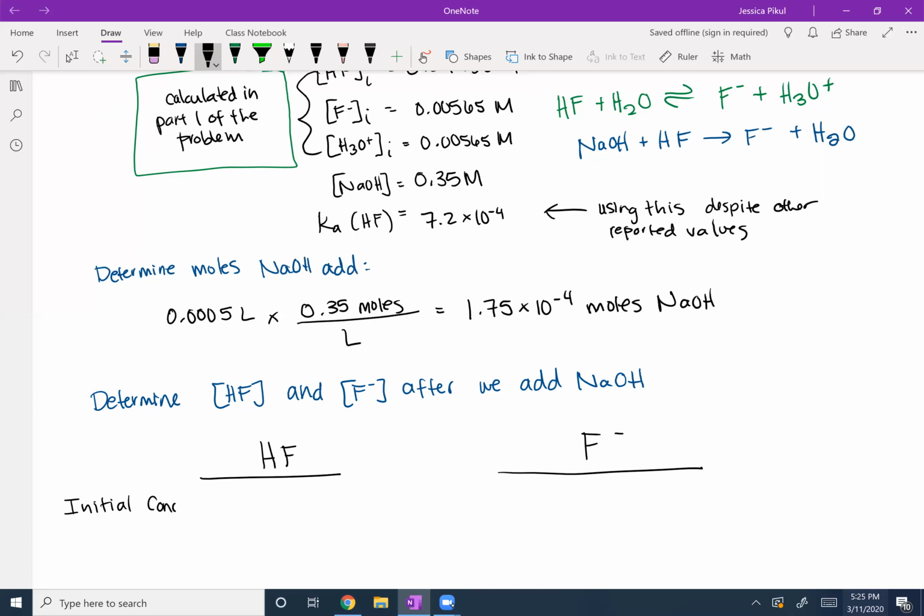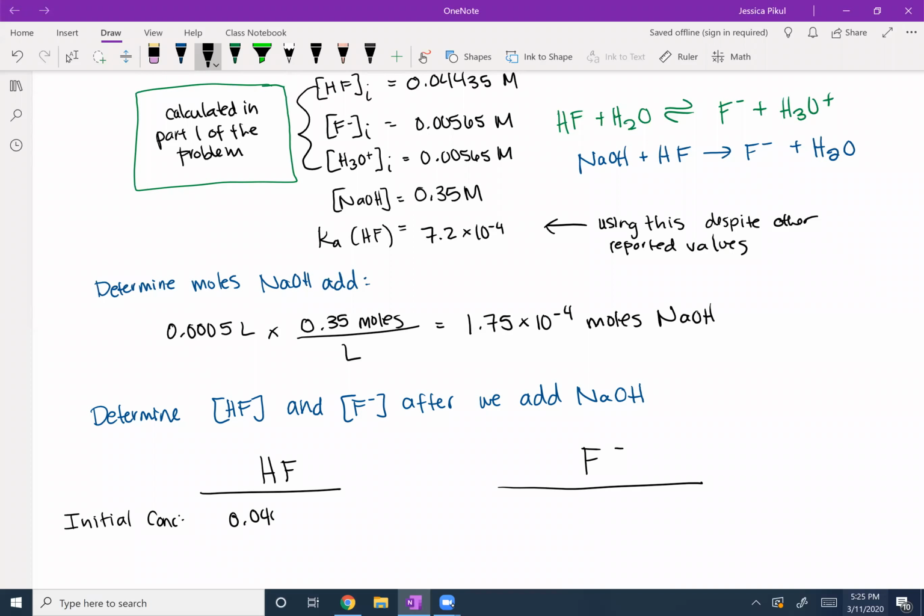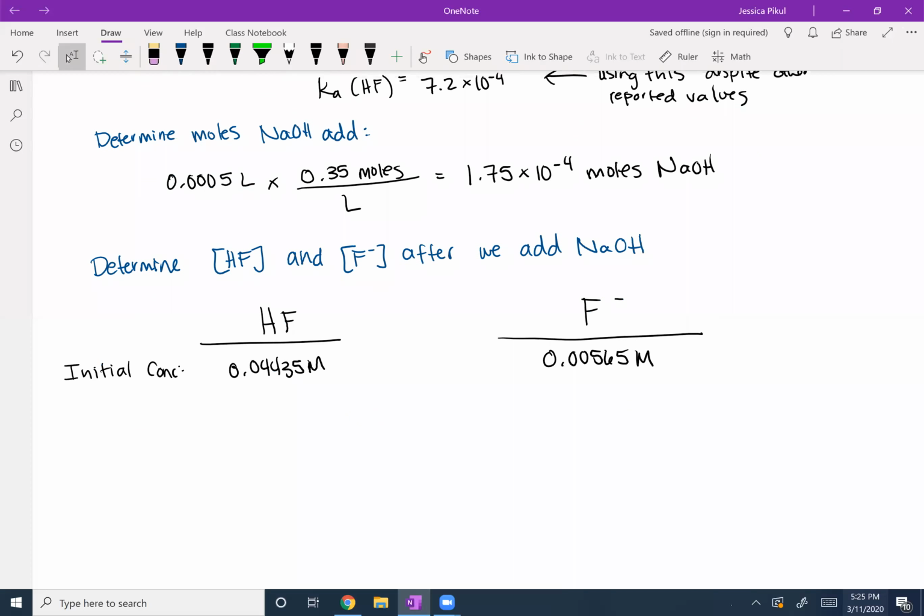Our hydrofluoric acid is 0.04435 molar, and our fluoride is 0.00565 molar. We're now going to determine the number of moles we have for each of these. We initially start with a volume of 25 milliliters.